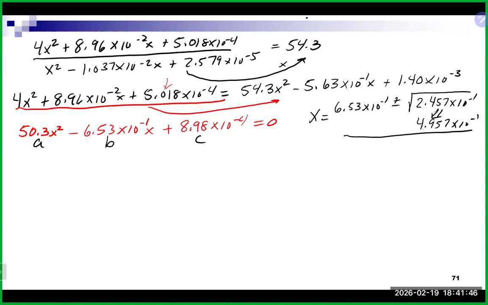All that's going to be divided by 2 times 50.3, which is going to yield you 100.6 on the bottom. We're going to do our two x values. We'll take our plus and our minus. And I believe if you do the plus, one x answer you will get will be something like 1.14 times 10 to the minus 2. The other x answer will be 1.56 times 10 to the minus 3 by doing the subtraction on the top. I believe that gets you that number.